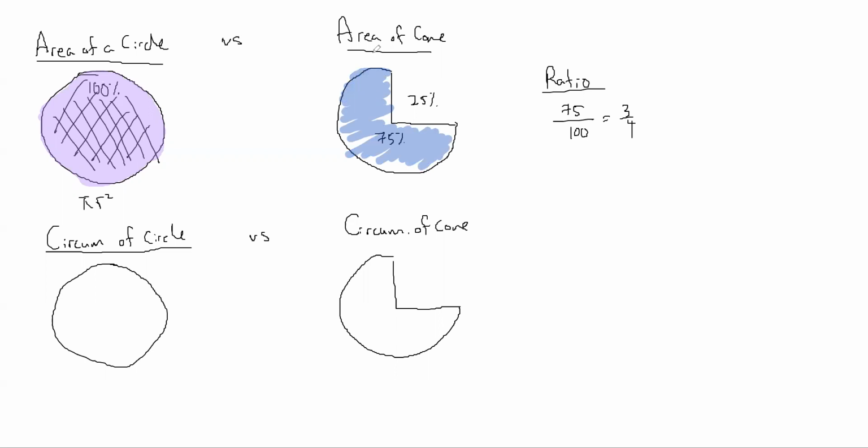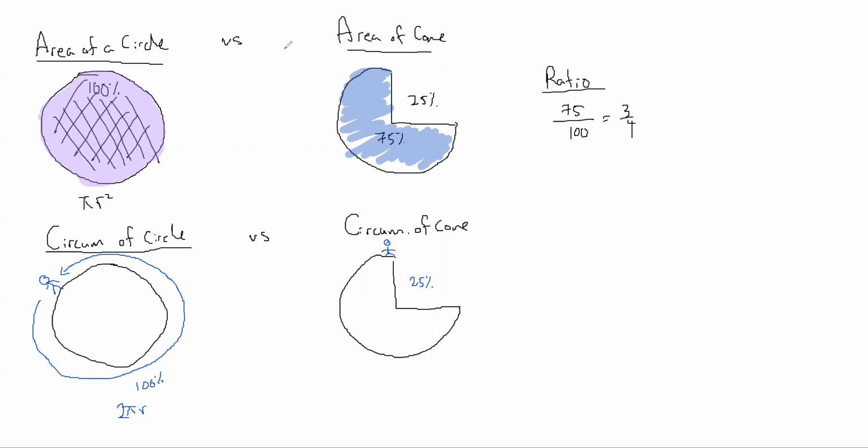All right. In the same way, if we're talking about a circumference, in other words, the rim around it, if that was you and you were going to walk all the way around the circle, that would be the full 100% distance that could be traveled around the circle, and that would be 2 pi r, right? What about the distance after you cut out 25%?